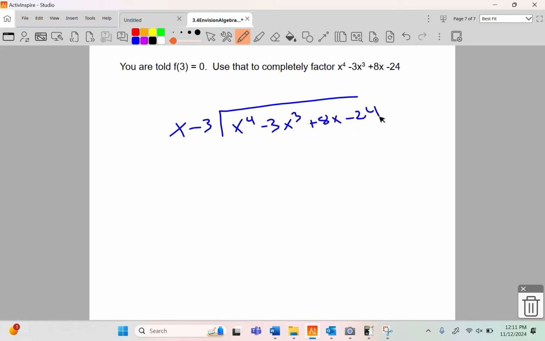Take another shot at figuring out long division, kids. You know the remainder is 0, so what should you remember? When we get a remainder of 0, the quotient that you create will factor.